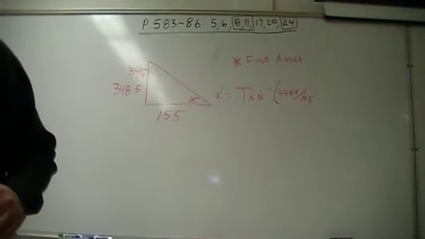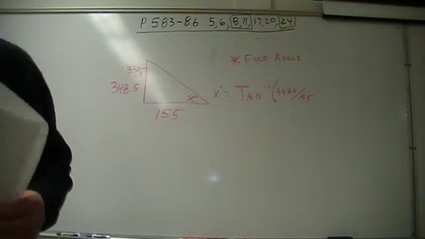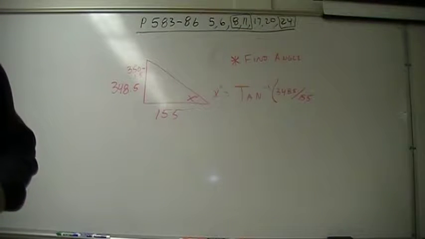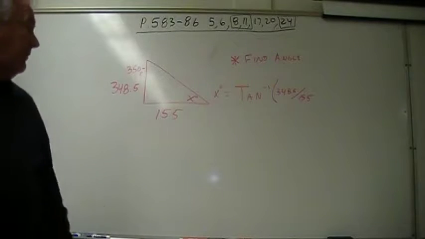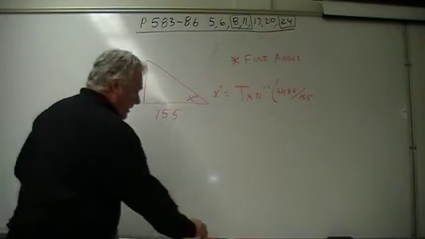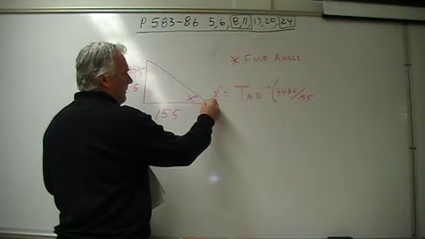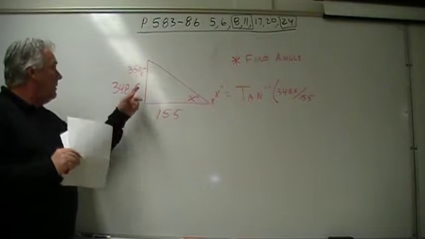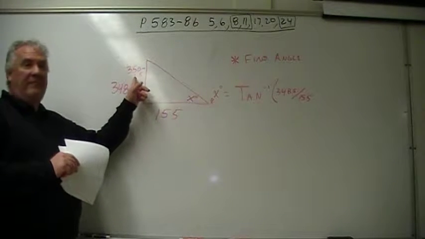Okay, so number 5 talks about an angle of elevation for a mountain. The person is 155 meters from the mountain, and the eyes are 1.5 meters above. So what that means is the person is here, and the person is 1.5 meters.